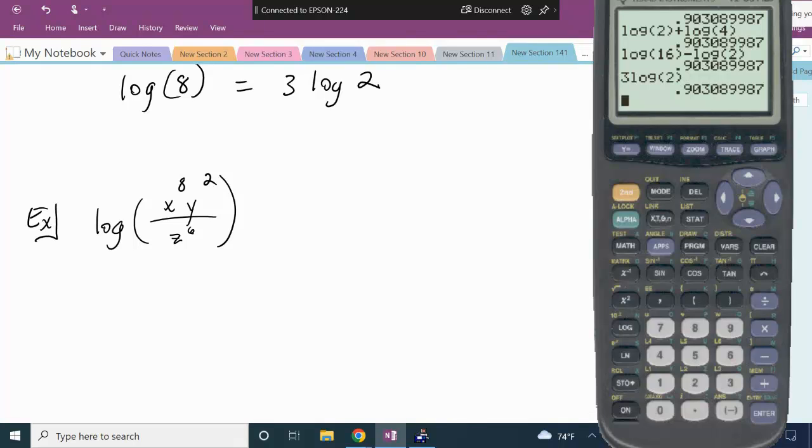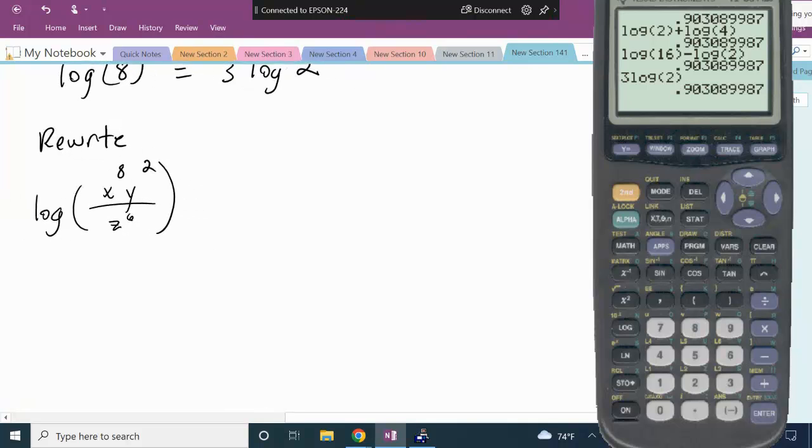Okay. And all right, and we want to rewrite it, and we're going to use those properties.